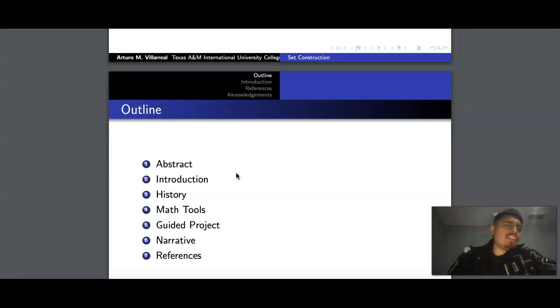For the guided project, we're going to talk about the two main ideas, which are successors and the axiom of infinity. These two components are basically the general idea of set theory.